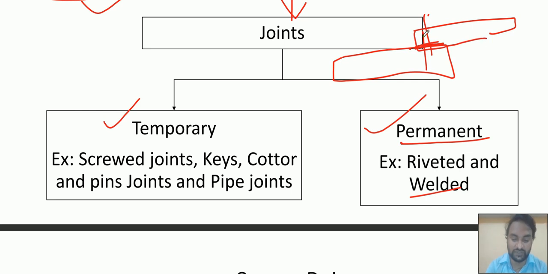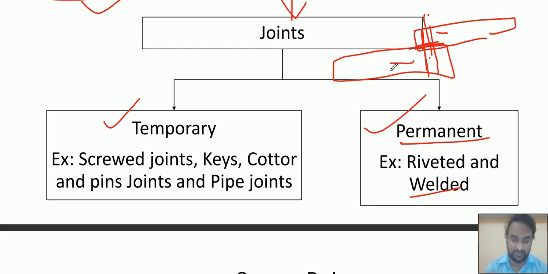For riveting, whether the plates are thin or thick, we need to drill a hole in each part, and we will align them.